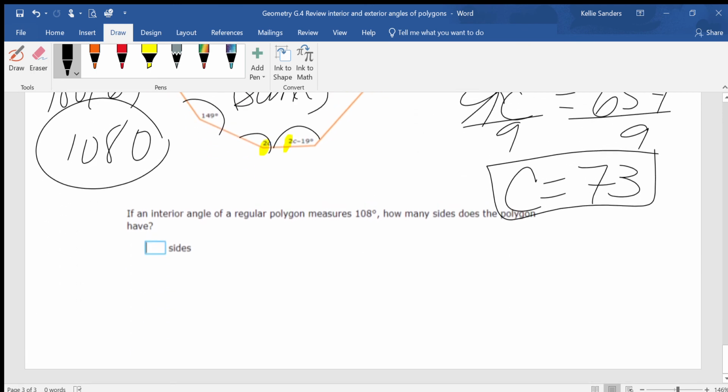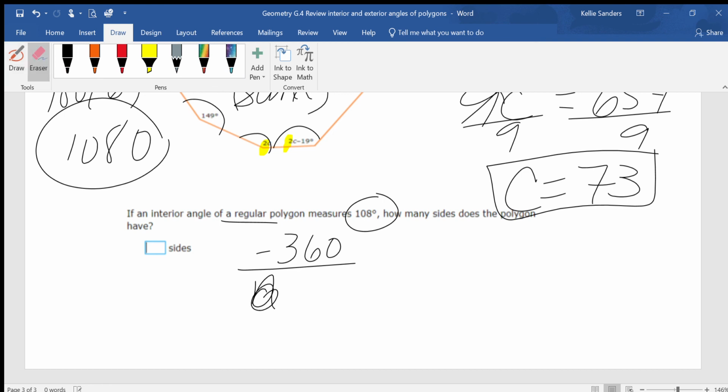If an interior angle of a regular polygon measures 108, how many sides does it have? Interior angle, 108. So, if I remember correctly, I have to look back on my notes. Nope, that's not it. It's A, wasn't it?